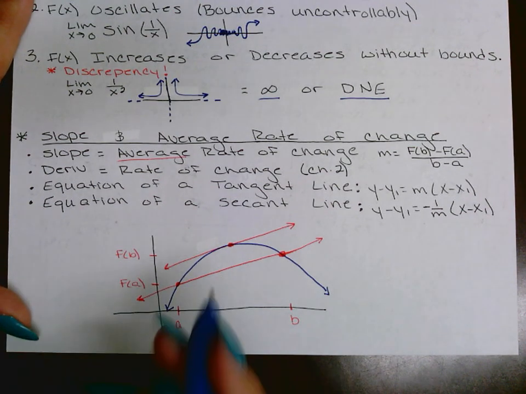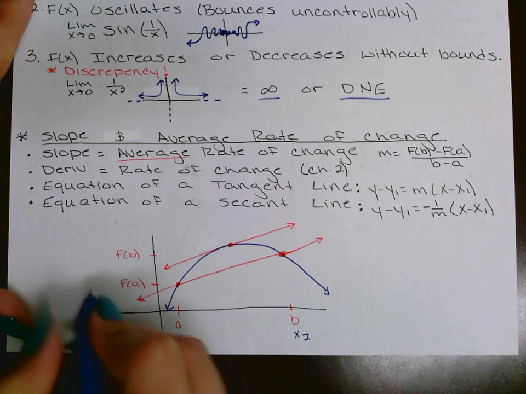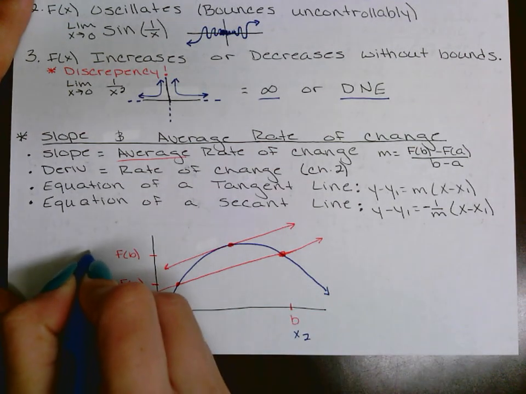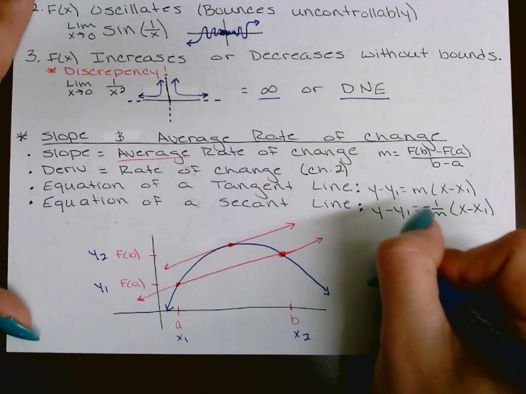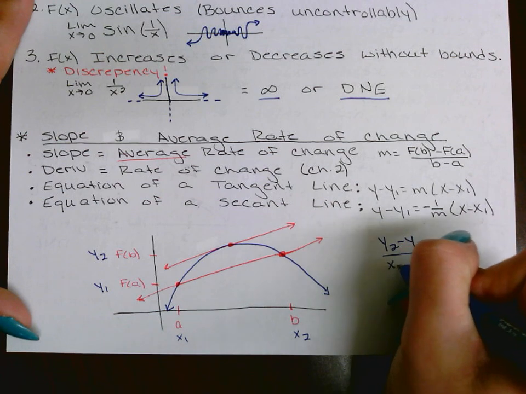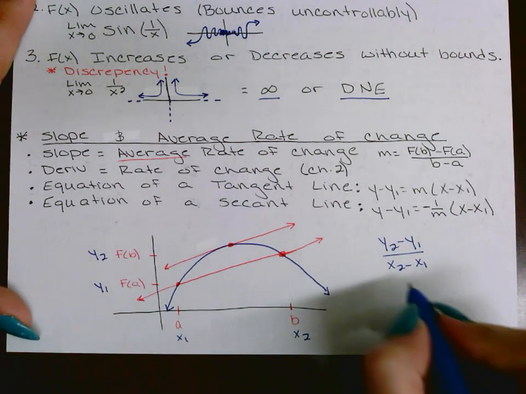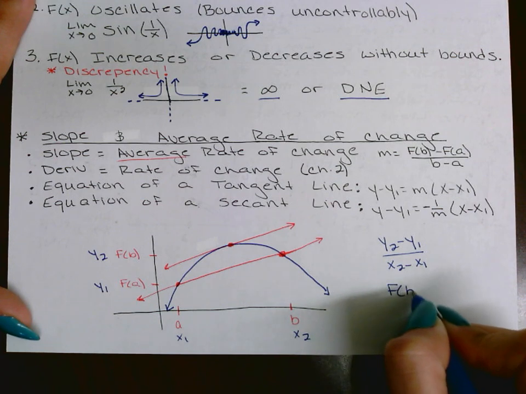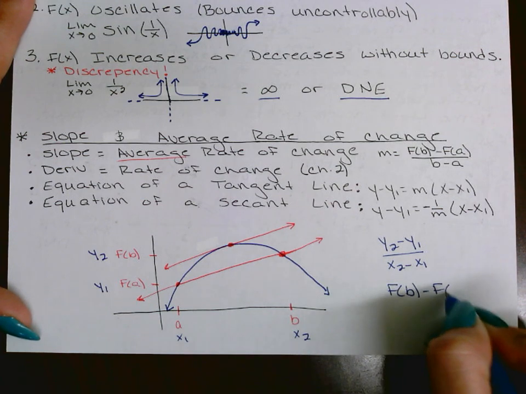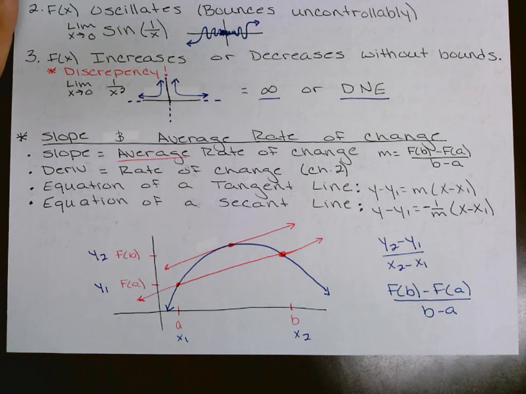So what you might have been used to calling x1 and x2 and y1 and y2, so you can say y2 minus y1 over x2 minus x1 is written with a little bit of a different notation of f of b minus f of a over b minus a, but they both just mean slope, okay?